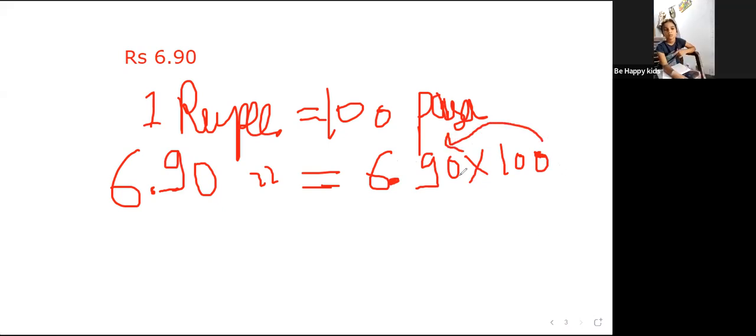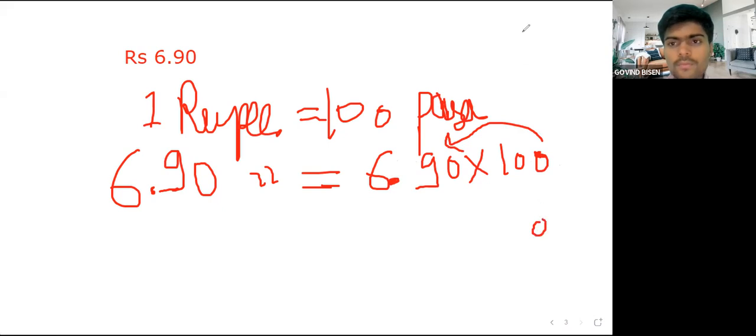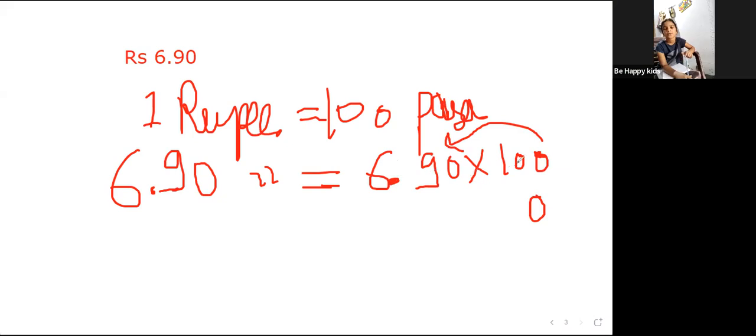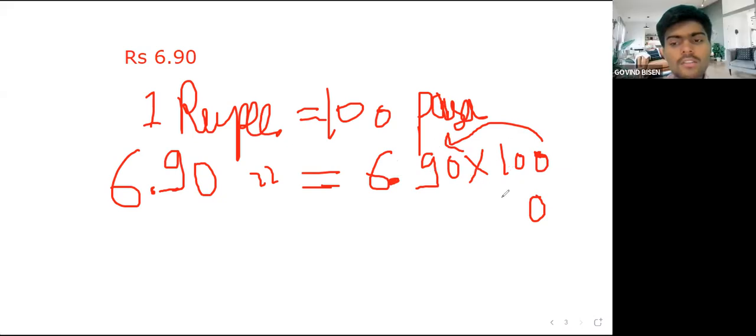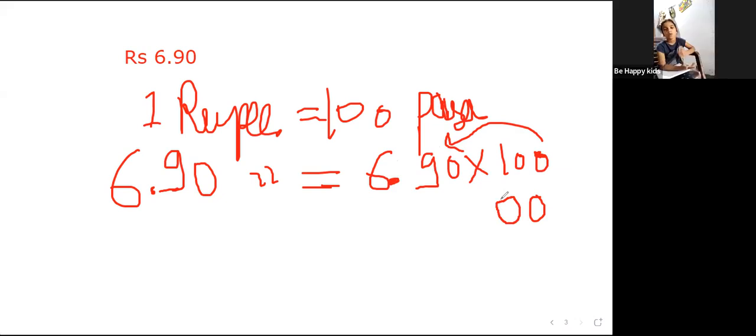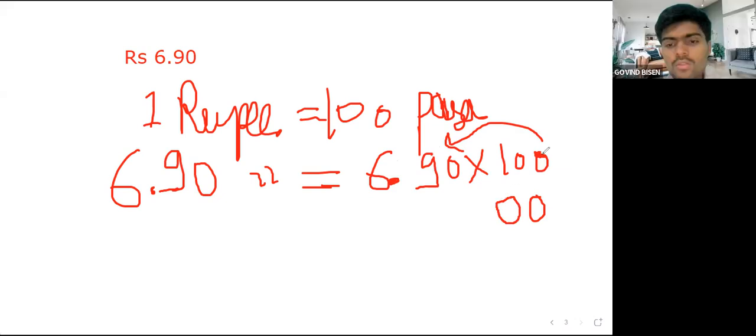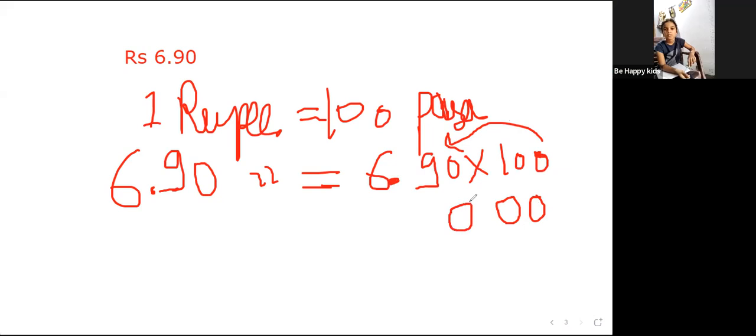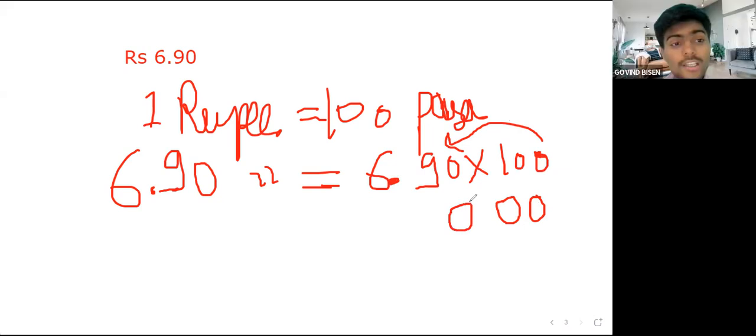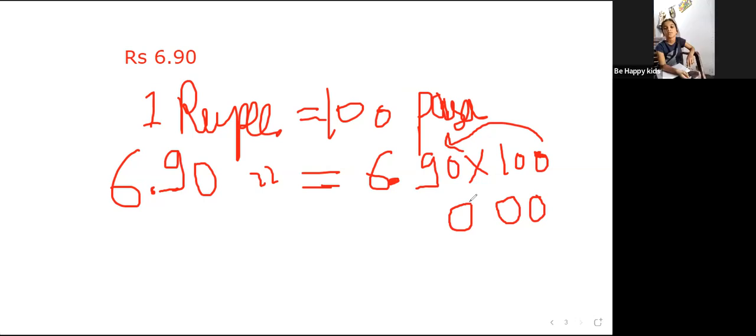So what is 0 multiplied by 0? 0. Again, 0 multiplied with 9 is 0. And then 0 multiplied with 6 is 0.